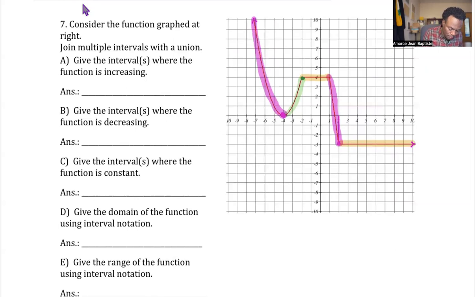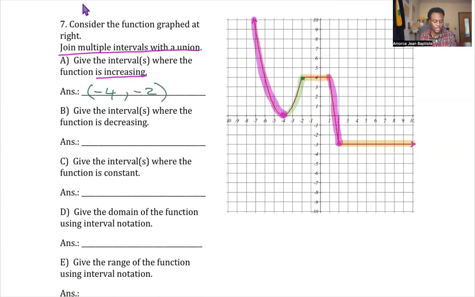So basically we see that the increasing, we're looking for first, and we're going to join the intervals with a union sign. Increasing interval is the part that is in green only, that starts from negative 4 to negative 2.